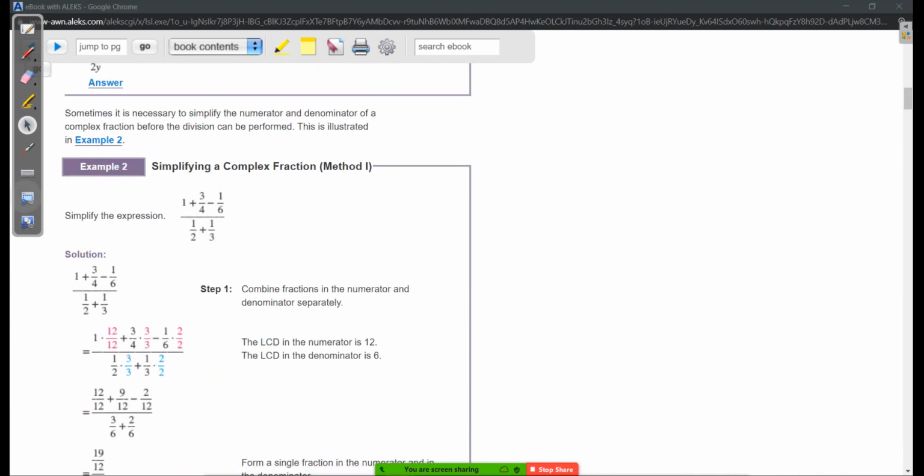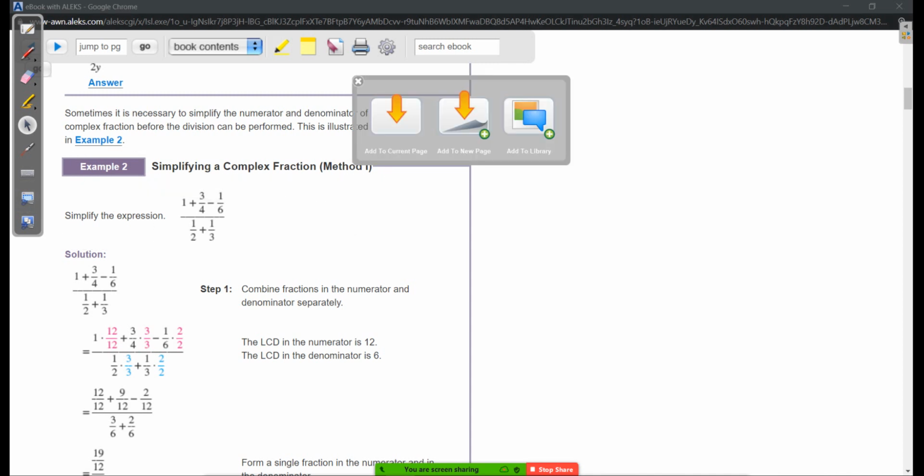This is where we have a little bit of fun. In order to do what we did on the previous page, we can just simply take this and say 1 plus 3 over 4 minus 1 over 6 divided by 1/2 plus 1/3.